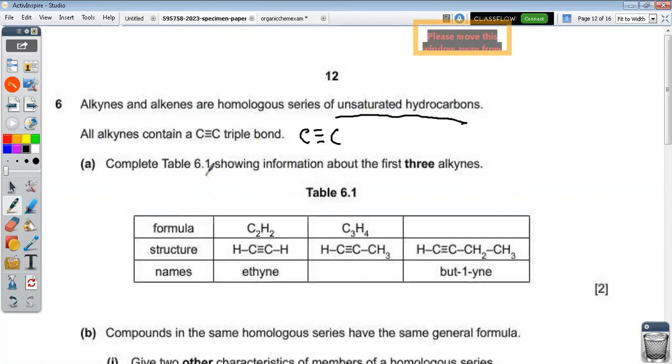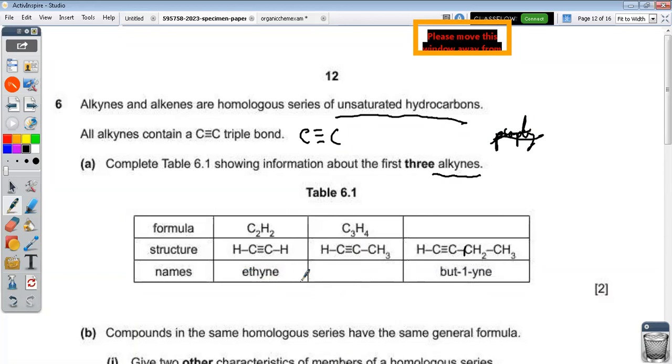Then complete table 6.1 showing the information about the first 3 alkynes. We know that we are always adding a CH2. So if we check here, we have added a CH2, that's why now we have CH like this. Then there you see we are adding a CH2 there, and we now have this. So what will be the name here? 3 carbons is what? Prop.